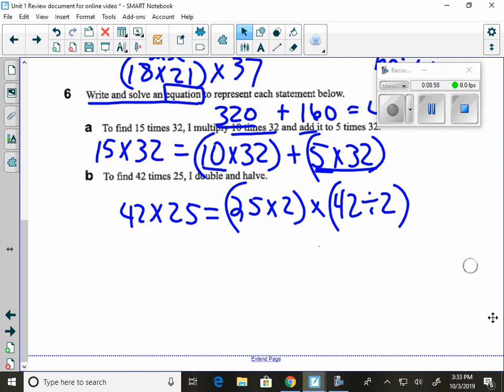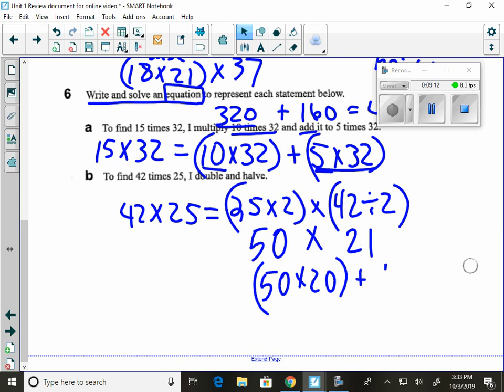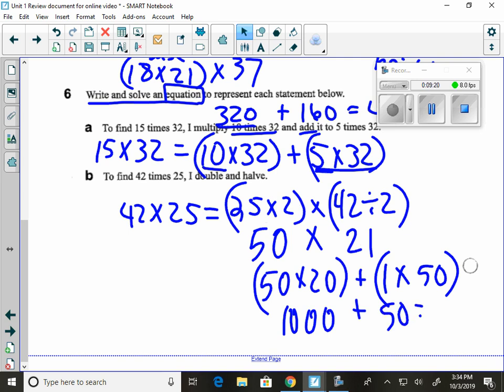That means we get 50 here times 21 is half of 42. I'm going to do the 50 times 20 plus one more 50. So I still have 21 50s. There's 1,000 plus 50 is 1,050.